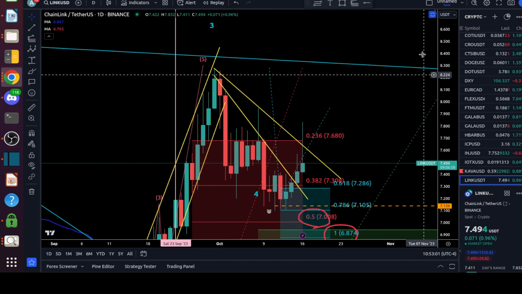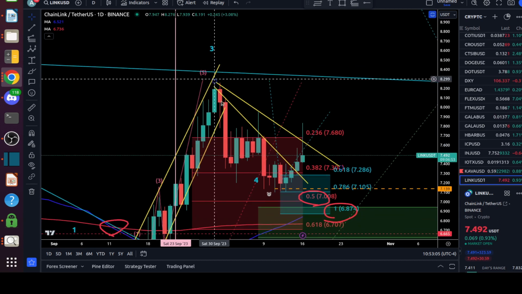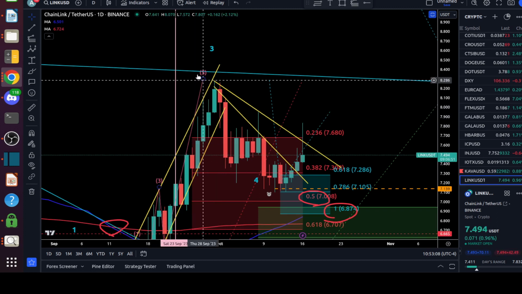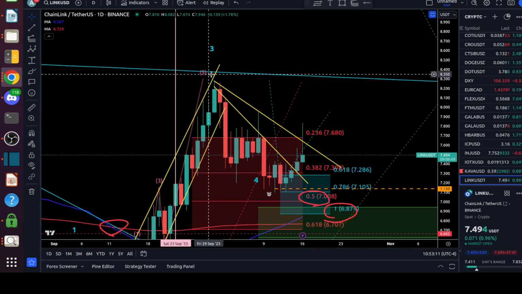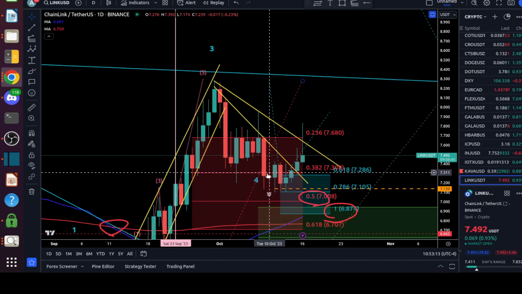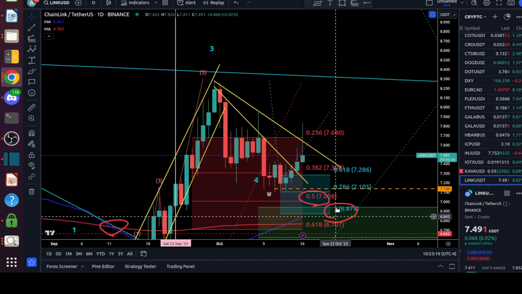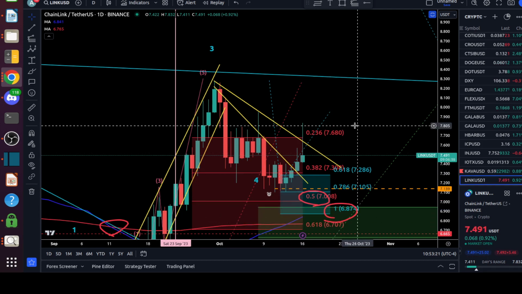Otherwise, we only have a 3-wave down, and possibly this is not a 3, but indeed a C, and all this movement is a 1, and this was the 2, and now we're going to do a sharp impulsive movement to the downside.